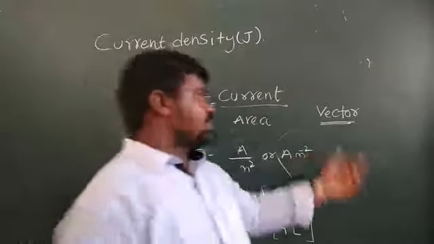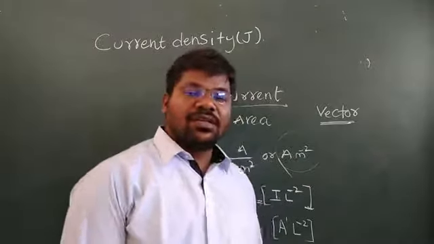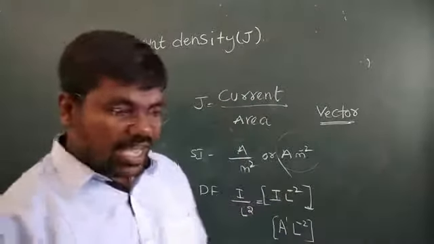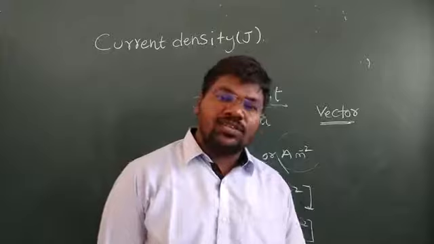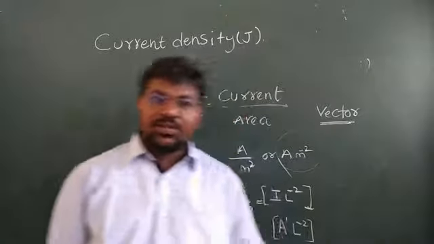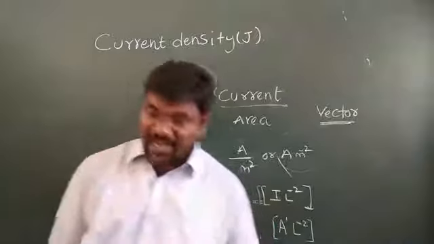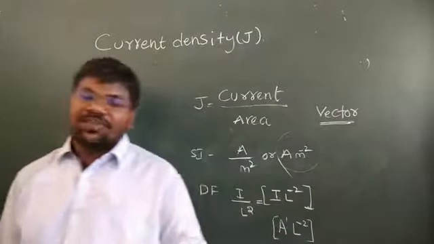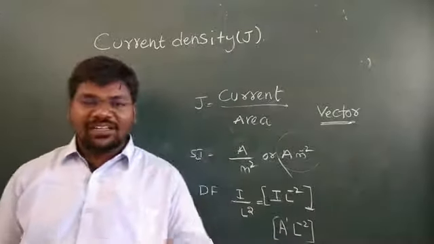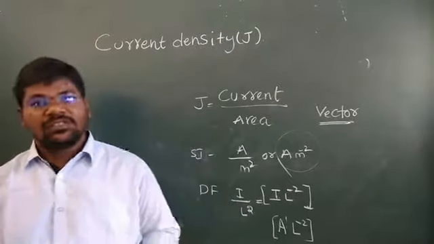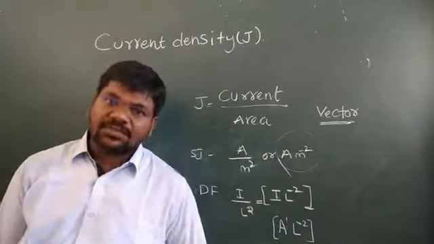Vector quantities are the physical quantities which have both magnitude and direction. What are the examples of vector quantity? Any physical quantity having magnitude and direction. Examples: acceleration, velocity, force. Here, current density.